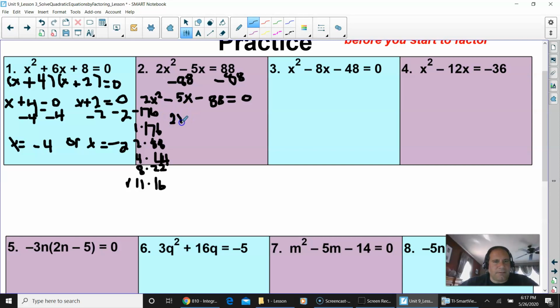Instead of the -5x, I am going to put a positive 11x and a -16x. And you notice that 11x minus 16x is -5x. Then you just bring that -88 down, and obviously that all equals 0.